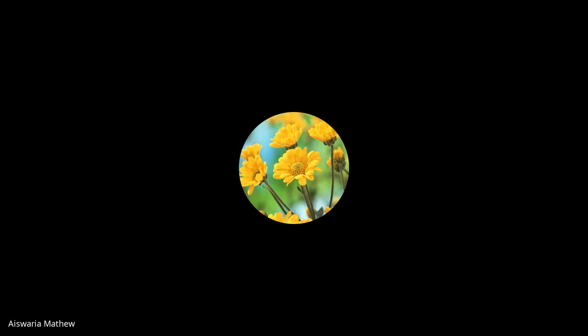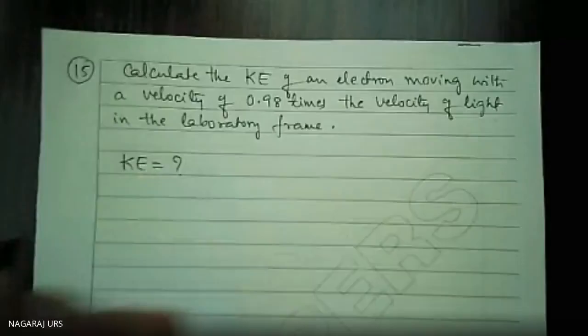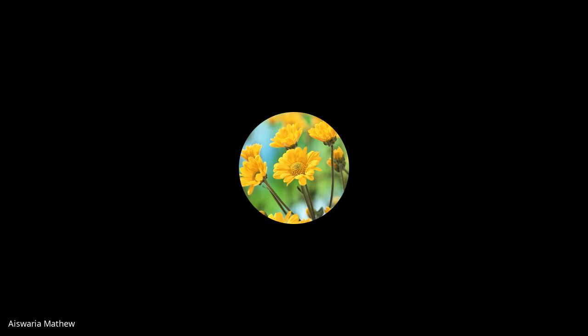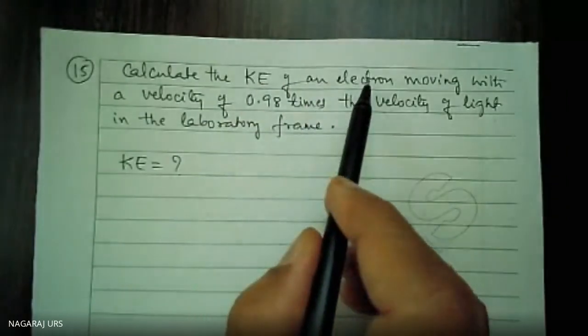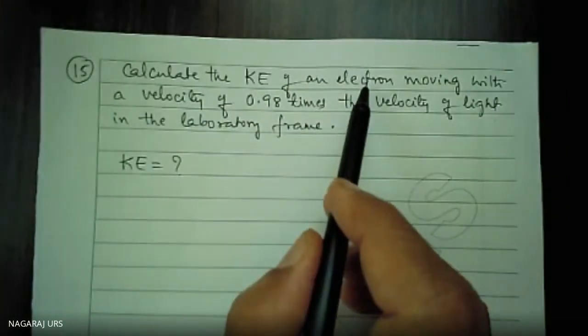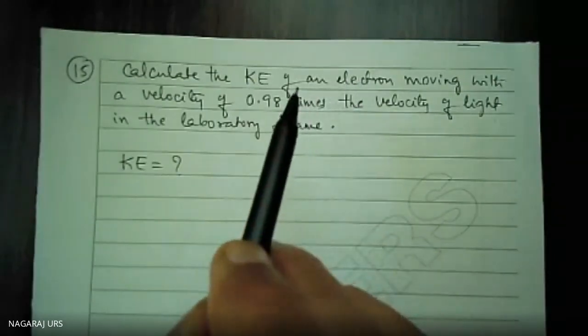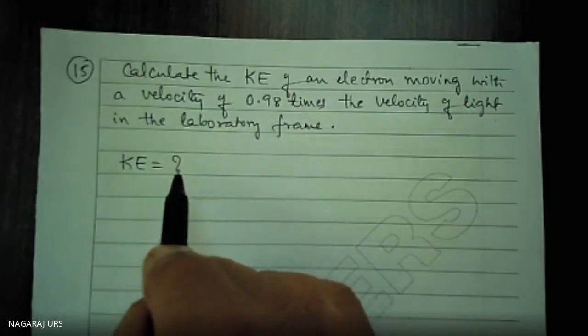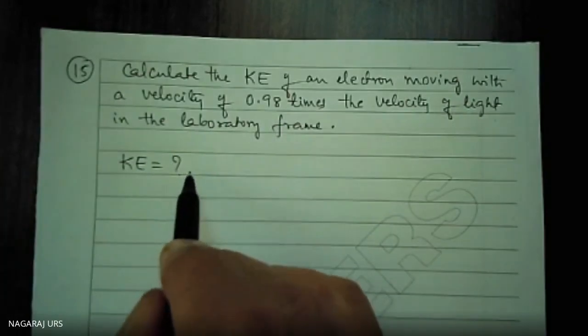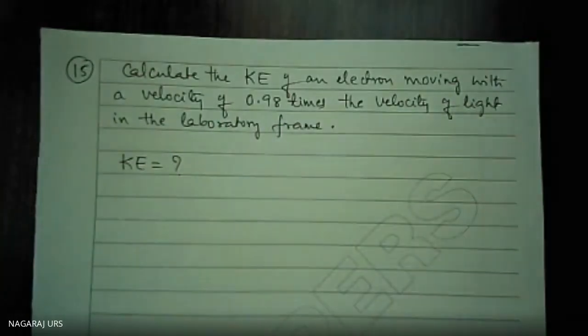We have to find the kinetic energy of an electron, moving with a velocity of 0.98 times the velocity of light. Did you mention anything about joules or eV? No. We can determine whichever you want, either in terms of joules or in eV.